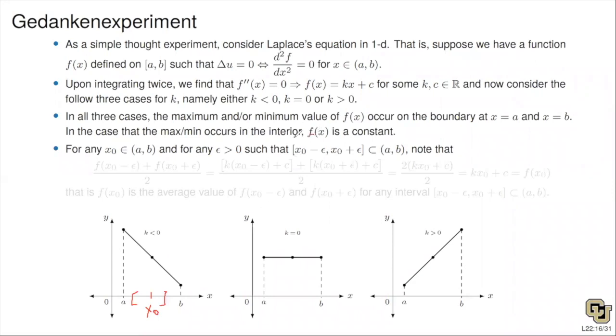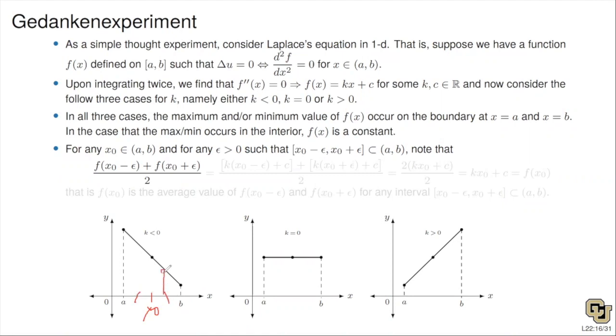So here now I have this epsilon neighborhood around x naught, but that's still inside the original domain AB, okay? So here now, I'm going to do some math here. Look what happens if you average the y values at the endpoints. So here's my x naught, here's x naught minus epsilon, x naught plus epsilon.